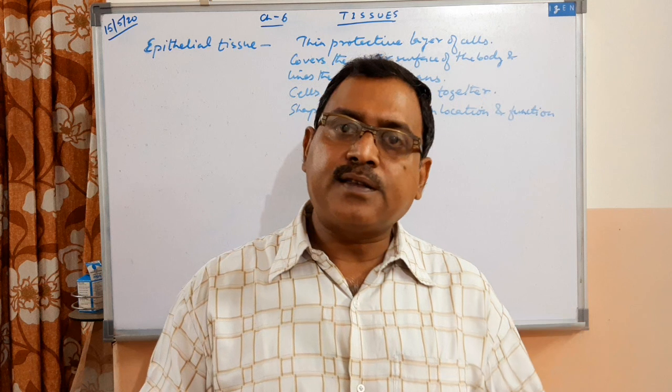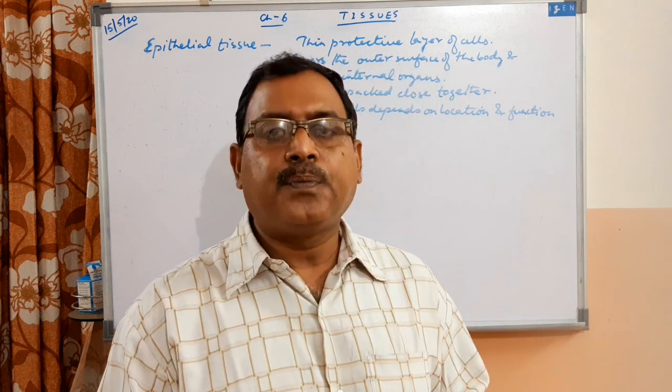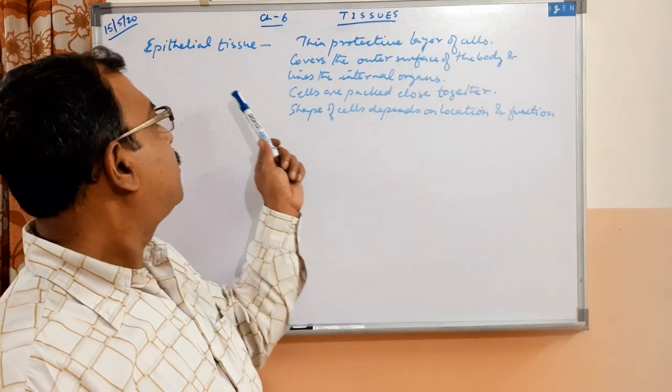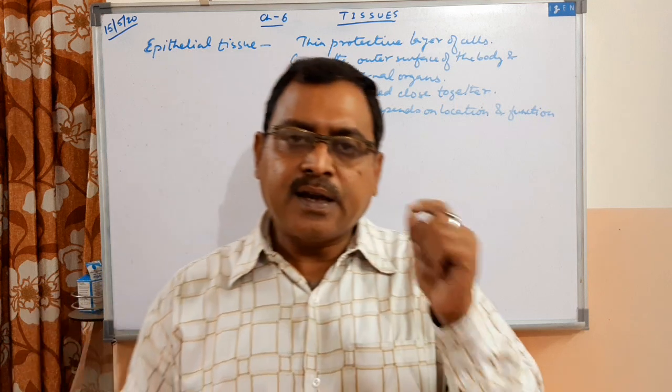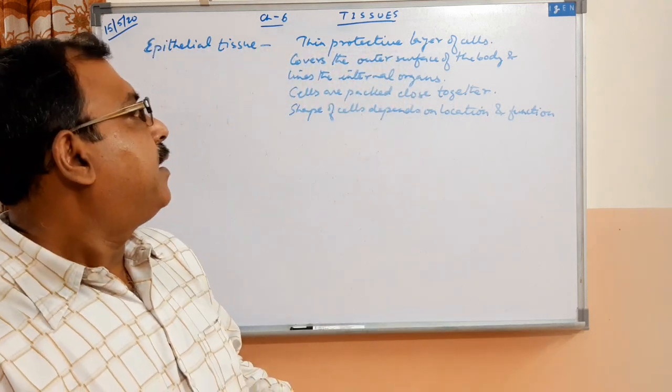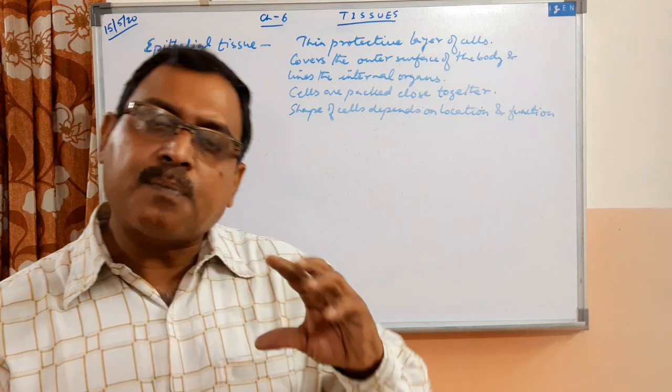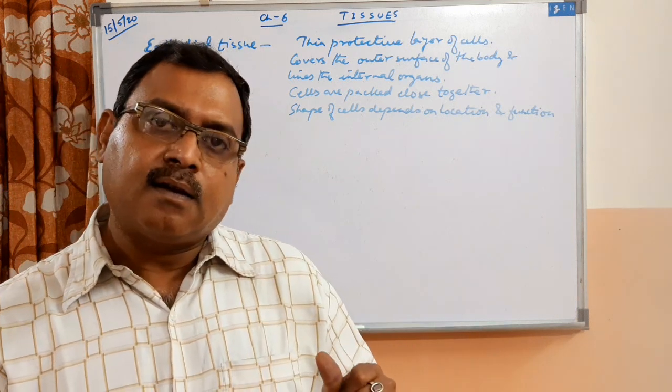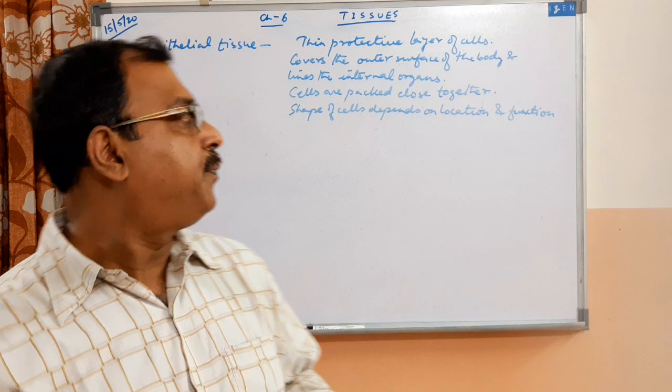So, first one is epithelial tissue. Now children, this epithelial tissue is thin and protective in nature. It forms a protective layer of the body.